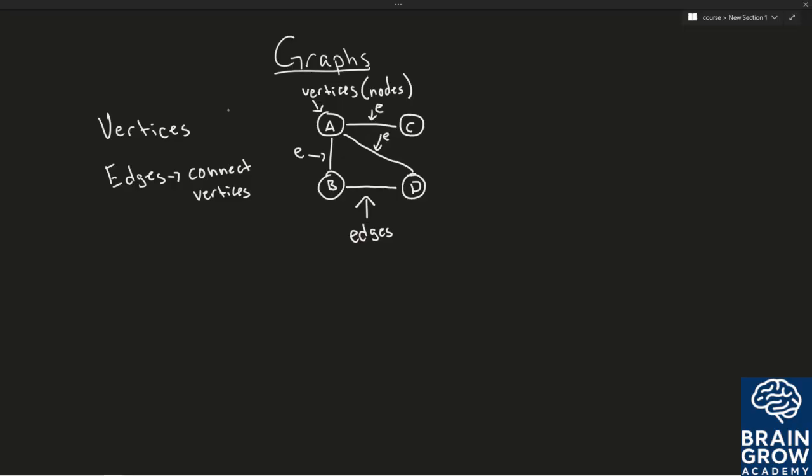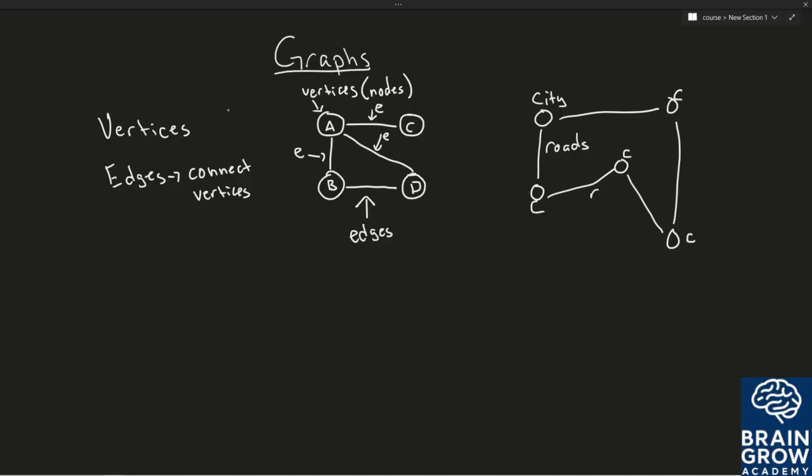So you can see where this might be useful for us in a real world scenario. Assume that our vertices here are cities, and an edge is a road. So we have a bunch of cities, and a bunch of edges, aka roads. These are our cities, C, C, and C, and R, R, R, and R for our roads.